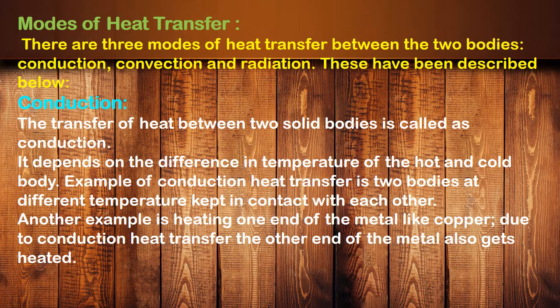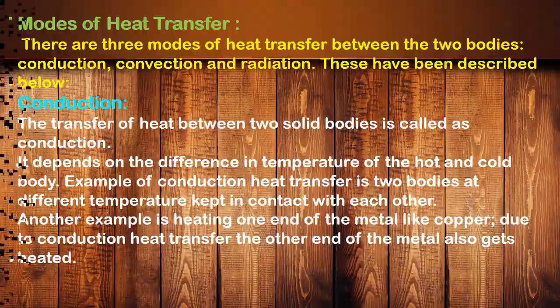Okay, in this way also, heat can transfer by conduction. And as we discussed, if we put one end of a metal rod on the gas and light it, then the other end of the metal also gets heated because of conduction.